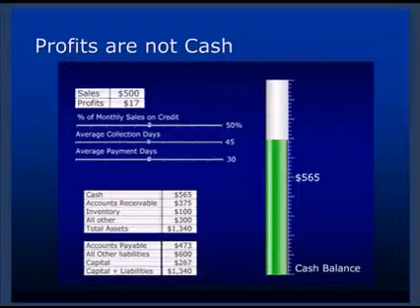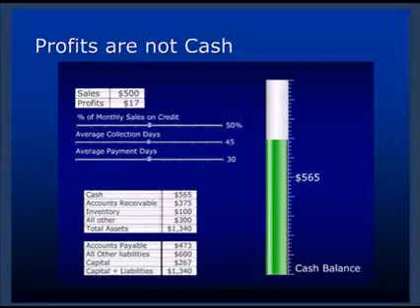This simple example highlights the importance of laying out the cash flow. We have here a hypothetical company with sales of 500 and profits of 17 and an estimated cash balance of 565, given these assumptions on sales on credit, collection days, and payment days.